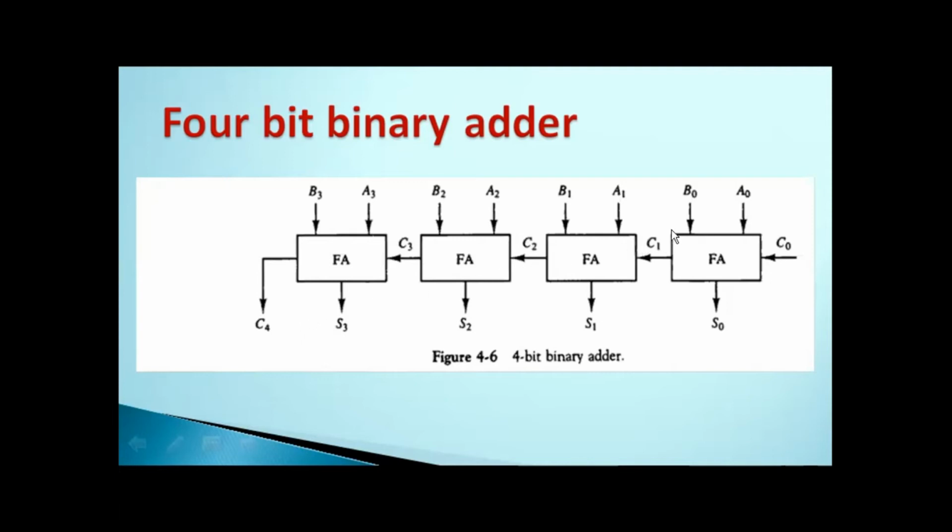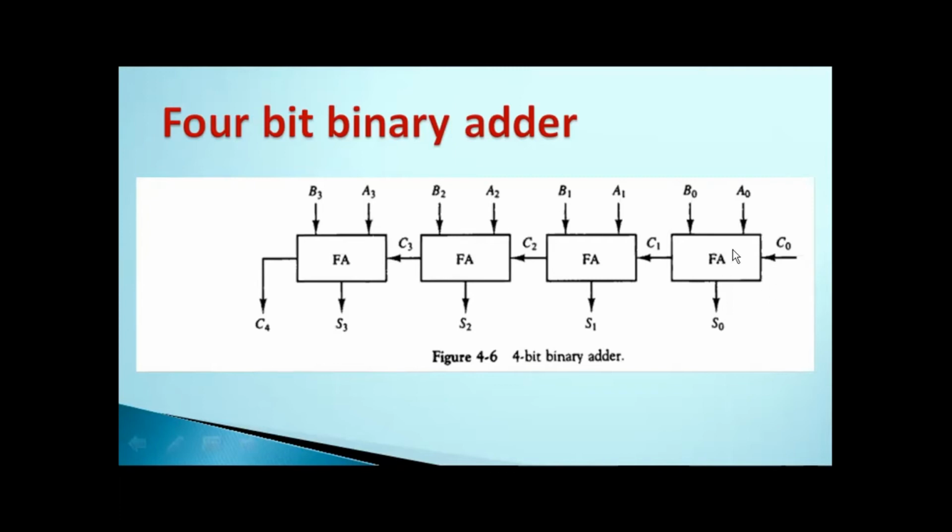We also observe this. The augend bits of A and the addend bits of B are designated by subscript numbers from right to left, with subscript 0 denoting the lower order bit, and subscript 3 here denoting the higher order bit. Already we discussed these carries.